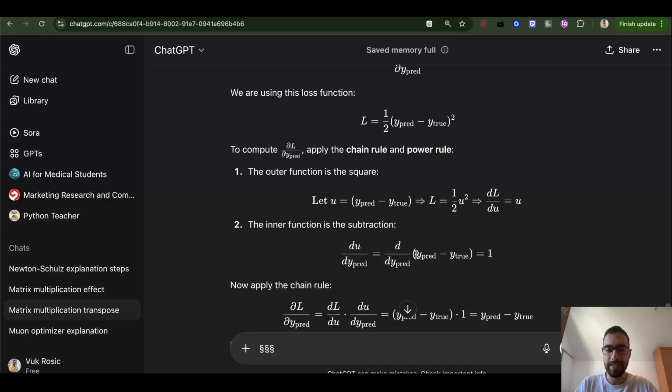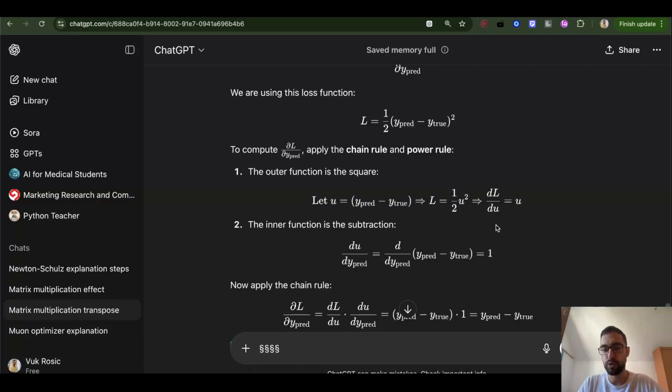In this case, it's 1 times this variable, because there is nothing here. So it just becomes 1. So this becomes 1 minus 0 when you take the derivative of u with respect to y pred, which means you are looking at y pred as the variable and y true as the constant, because it's written here with respect to y pred.